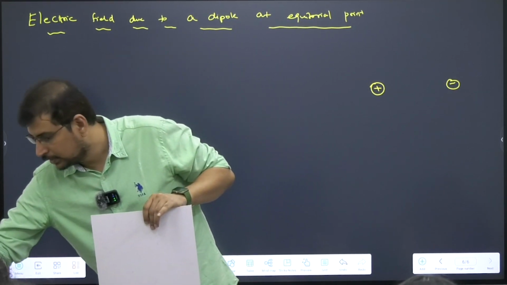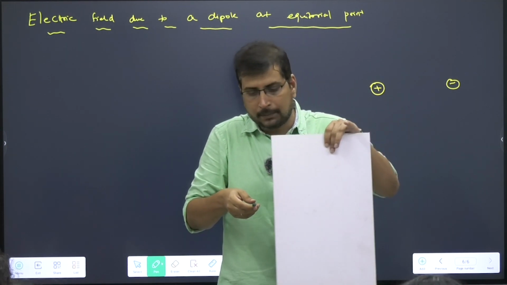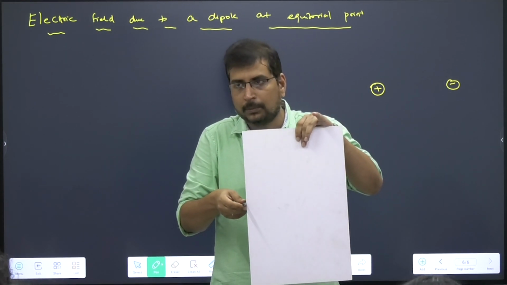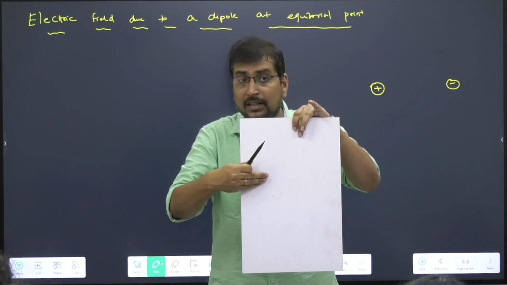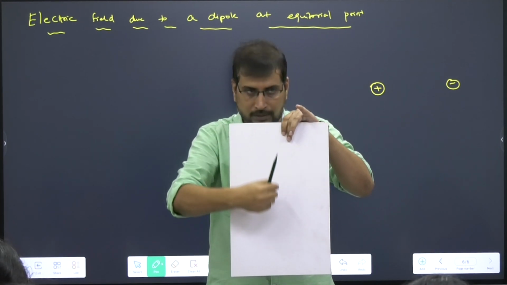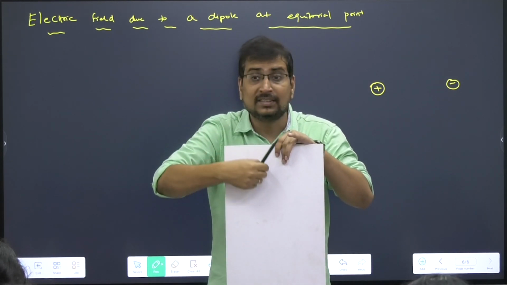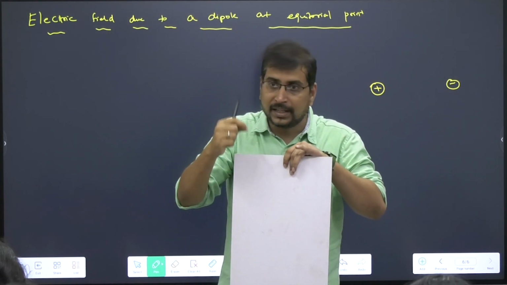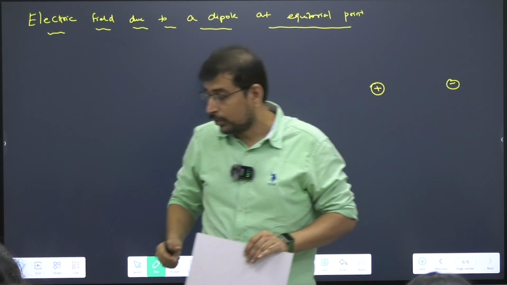So are you able to understand? So this is the dipole. If the dipole is like this, I am cutting a plane which is perpendicular to the axis of the dipole, and then this plane is called as the equatorial plane. On this equatorial plane, if you draw an imaginary line which is passing through the center of this dipole, you call it as the equatorial axis. Any point on that equatorial axis will be called as the equatorial point.